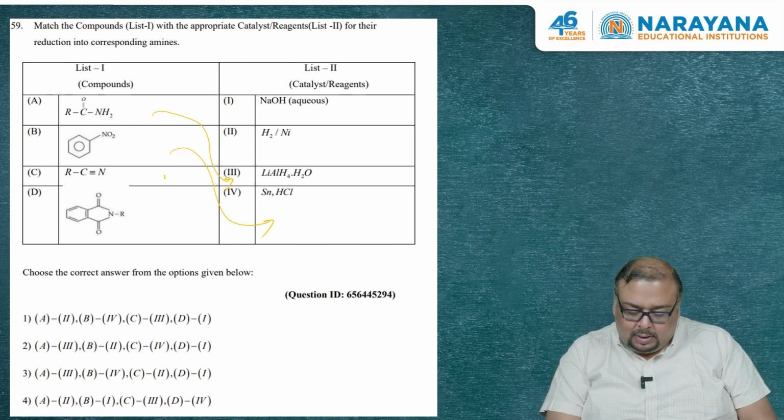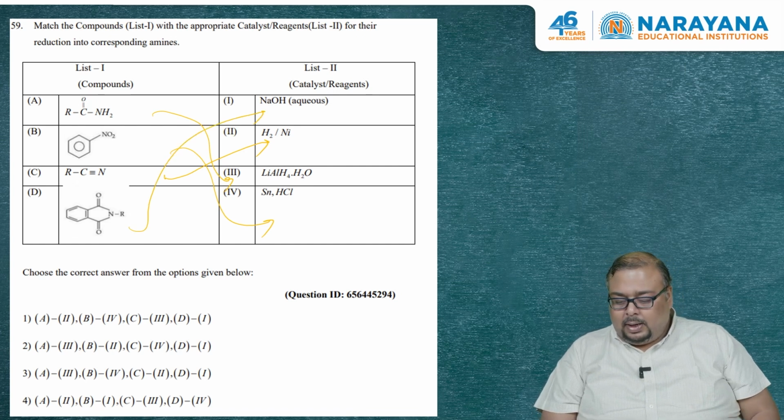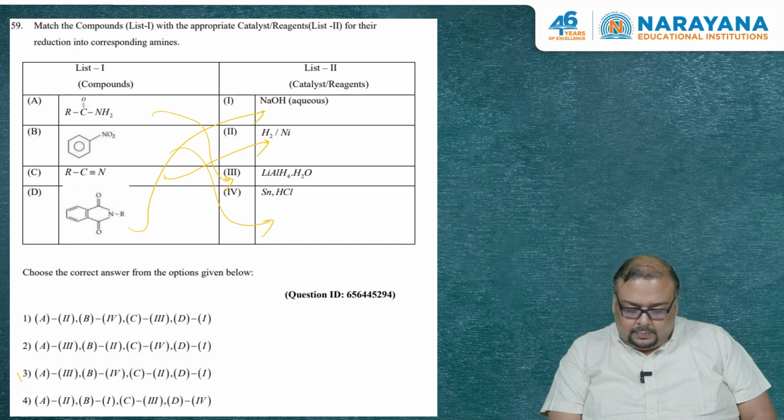RCN on reaction with H2/Ni will give RCH2NH2, and this one is the Gabriel phthalimide synthesis, so this will correspond to 1. NaOH will cause hydrolysis, and you'll get RNH2 as the final product. So the correct option is A is 3, B is 4, C is 2, and D is 1. So the answer should be option 3.